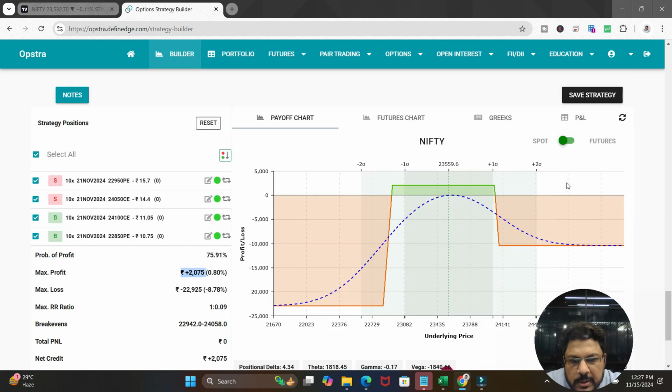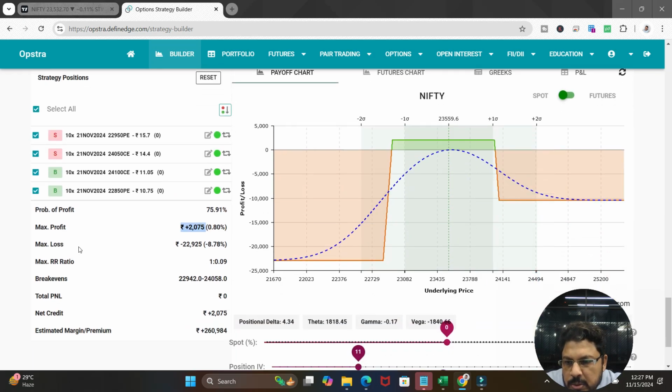Okay, if you want to further reduce your risk, do this. So your risk is 22,000 if the market comes out of this zone, which is 1100 points, if it moves, then it will make this much. And your capital requirement has come down to 60.